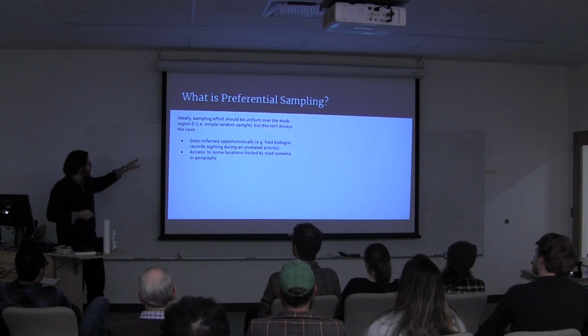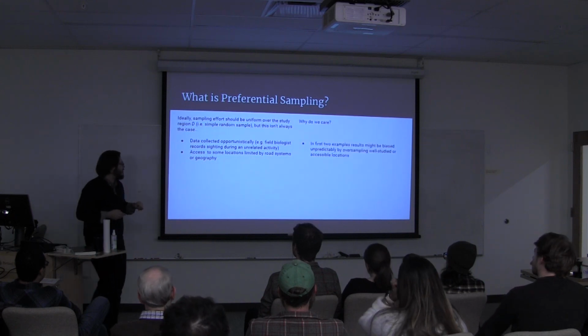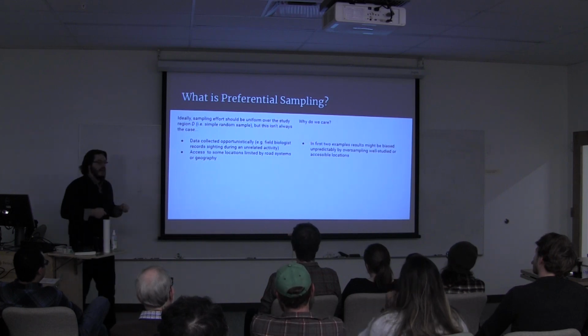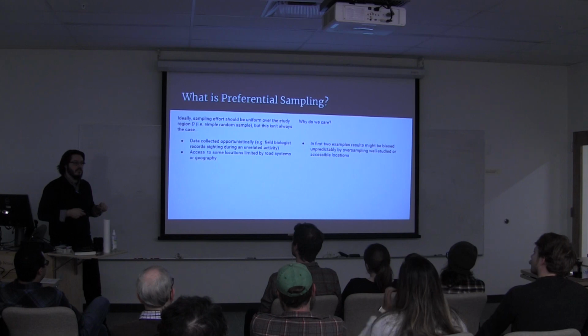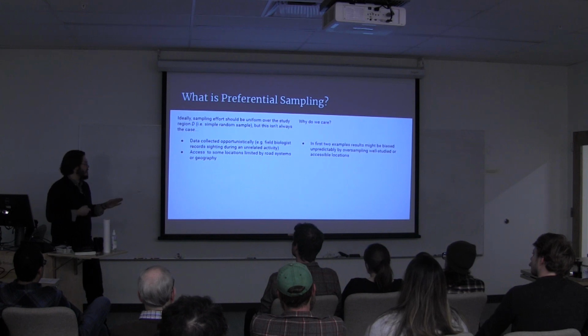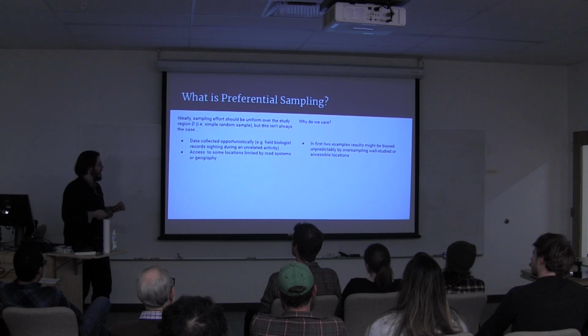So that might be another issue with preferential sampling. In these two examples, it's hard to see how that would bias your results. Does this mean you're oversampling presences or undersampling presences? It's not obvious where that bias would lie. So that's especially insidious. We don't really know how to deal with that very well without preferential sampling modeling.